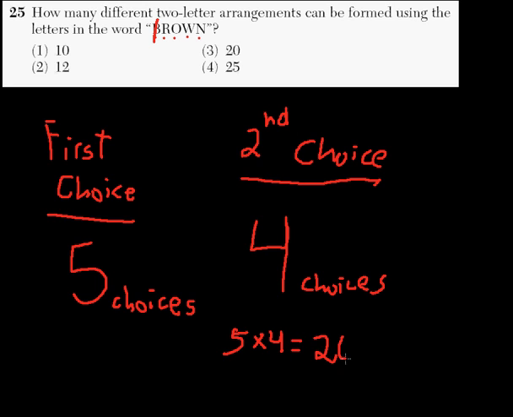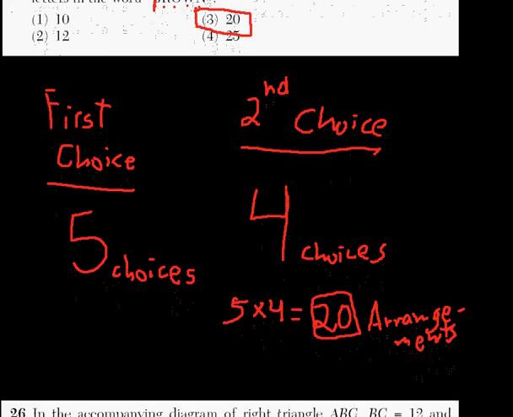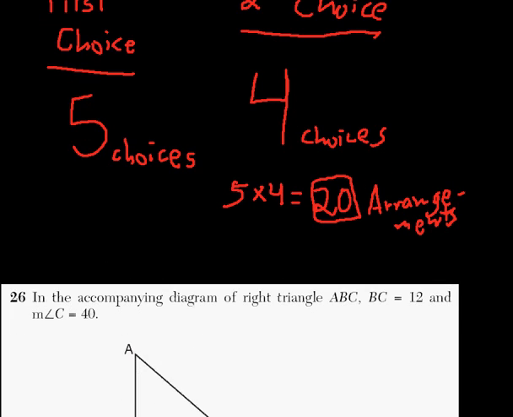That's 20 total arrangements. So 5 times 4 is 20, and that is the answer. And we'll do one more here. Oh, we don't have time for that one. We'll get it in the next video.